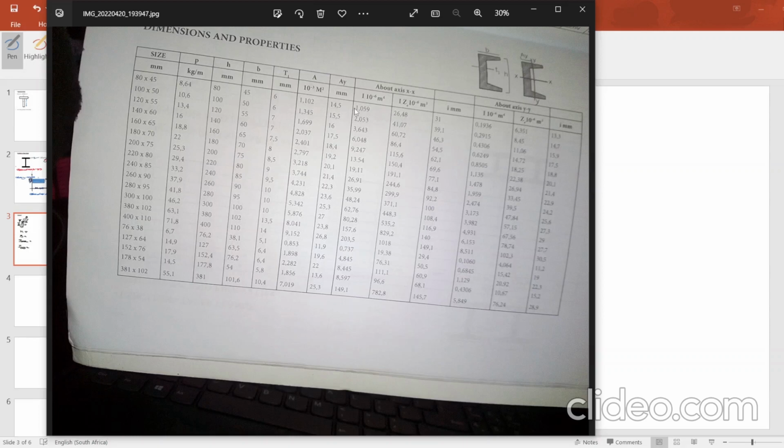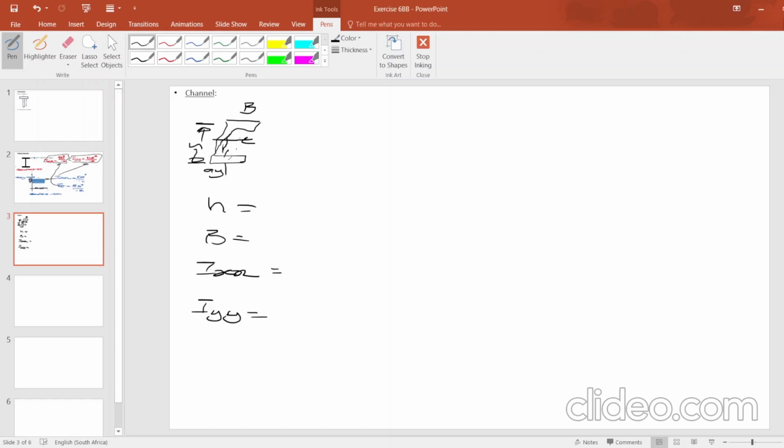It is 1,059, 10 times 10 to the power negative 6. Then I'm given the Iyy. The Iyy would be the following column: 0,1936, 10 times 10 to the power negative 6. Now, based on the information on the hot rod, we said the height there is 80.